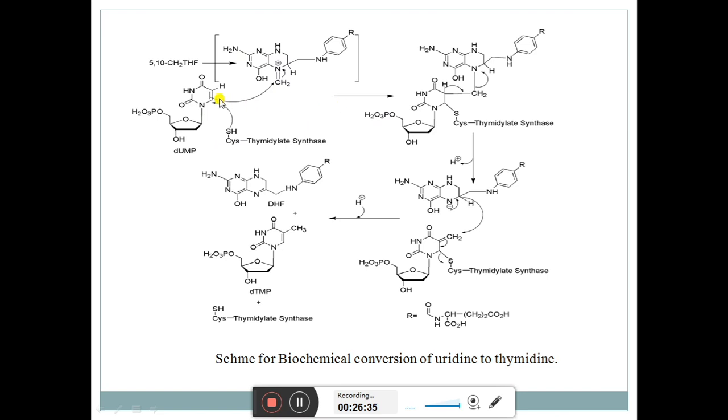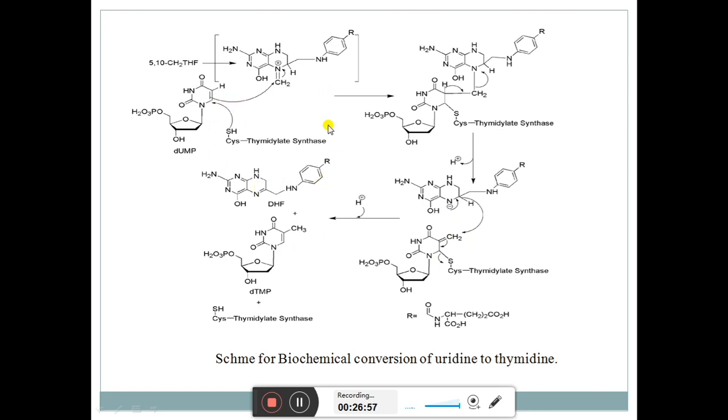So this complex molecule is formed. After formation of this complex molecule, there will be the formation of this CH2 double bond, the methylene, and that methylene group is converted into CH3. Accordingly, that tetrahydrofolate is converted into dihydrofolate.